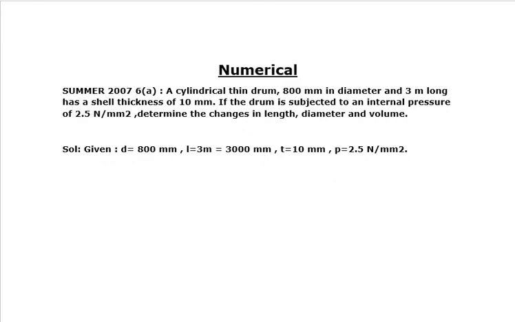If the drum is subjected to an internal pressure of 2.5 Newton per square, determine the changes in length, diameter and volume. So let's start how to solve this numerical.